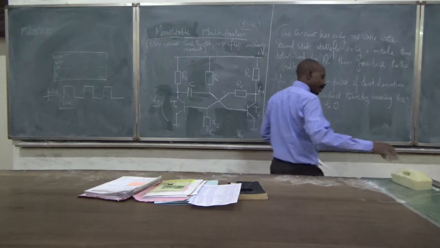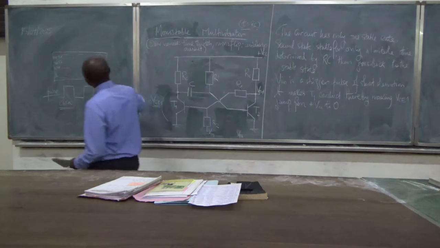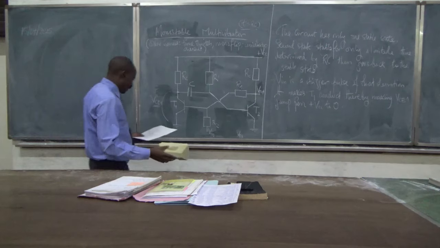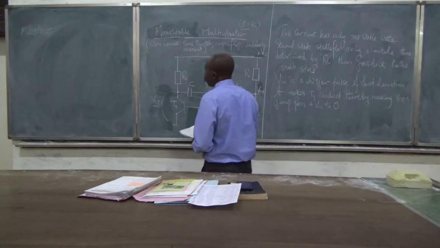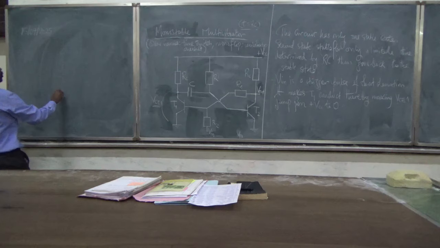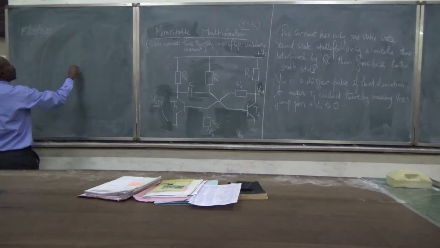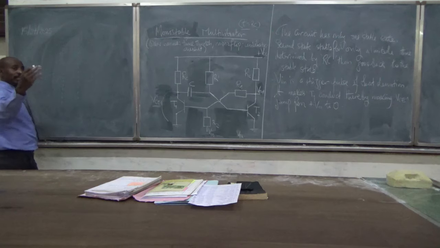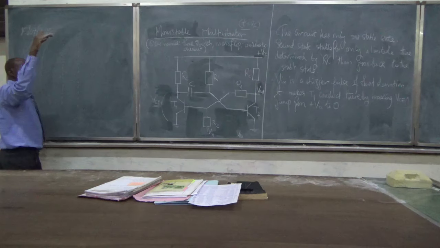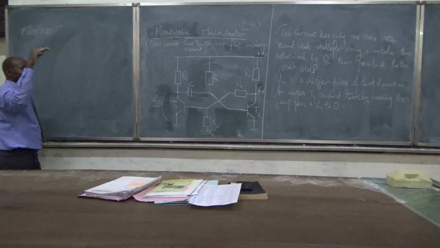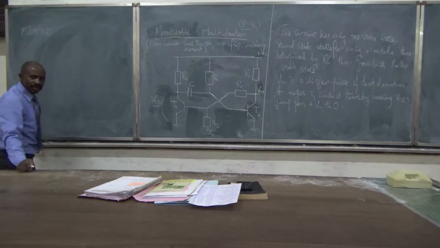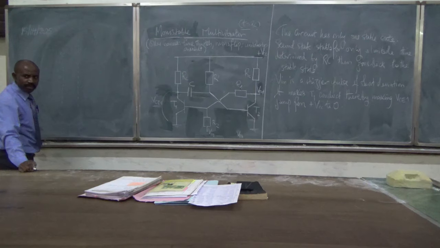So we draw the waveforms. In the lab we say that we have to draw these waveforms. If you have V in, you have V out, then you have something else, and you make sure that all of them are on the same line.